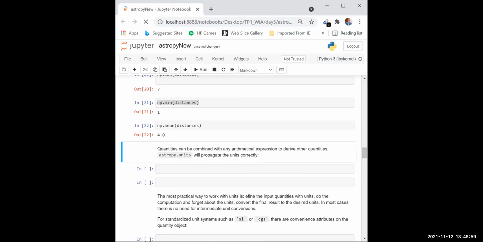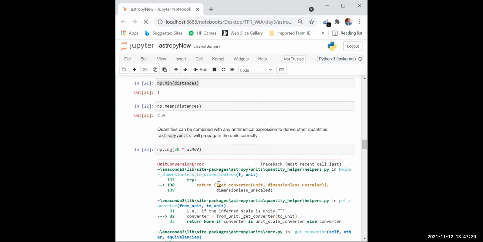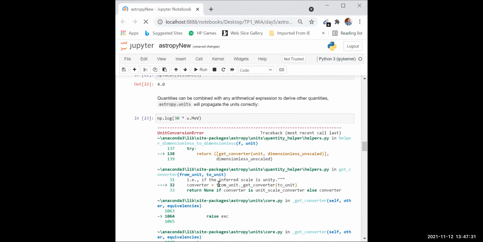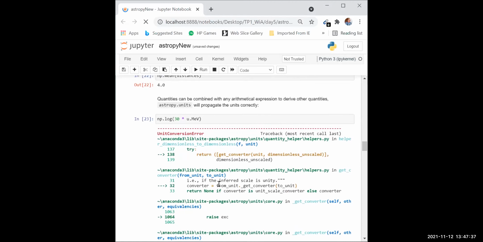Now you have to be careful about a few things. Say, for example, I take np.log of 30 MeV, and I run it, it's going to give me some kind of an error, because this log function wants a dimensionless quantity.